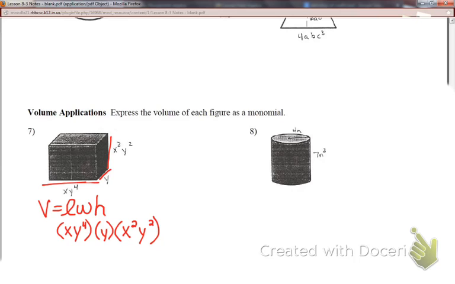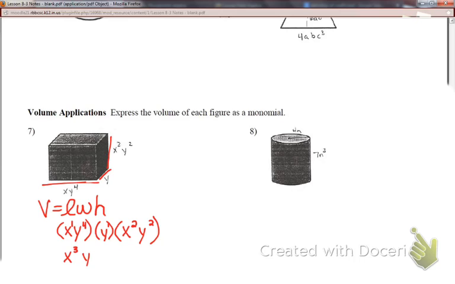And then to simplify this, really you're just using your first rule that we learned on the front of the paper. Put all your x's together by adding the exponents. So that's x to the 1st times x squared, so that's x to the 3rd. And put all your y's together by adding the exponents. So this is y to the 4th, y to the 1st, and y squared. 4 plus 1 is 5, plus the 2 is 7.